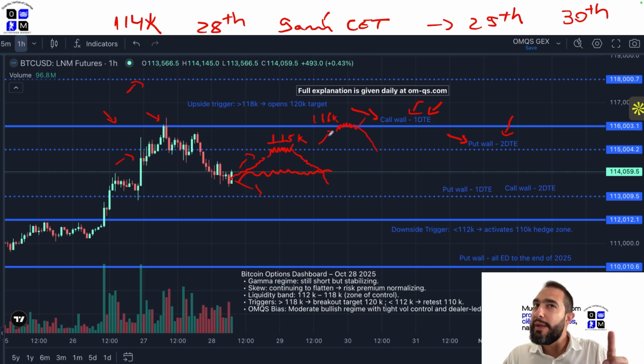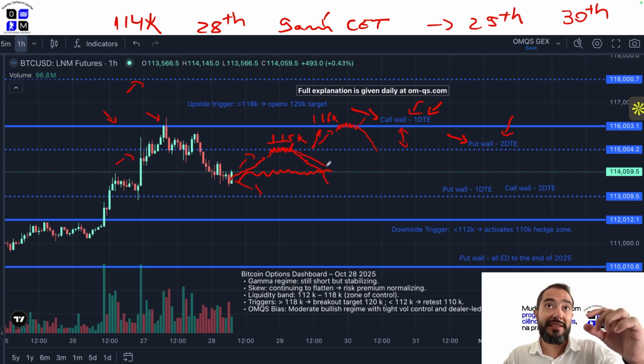And you can expect that, well, if that breaks up, I don't have much room between 115 and 116. Placing long positions here, trying to surf that way up, is too risky because the range is really narrow.